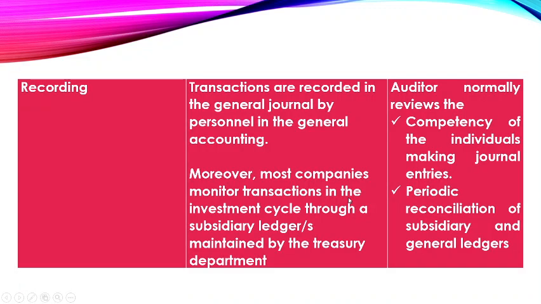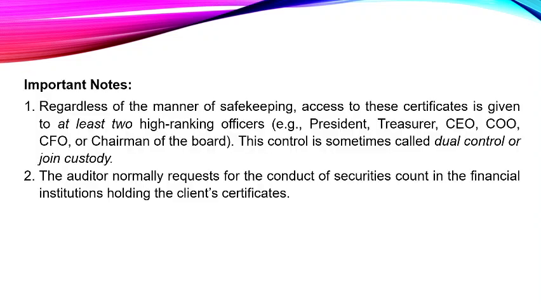Then recording: the transactions are recorded in the general journal by personnel in general accounting. Moreover, most companies monitor transactions in the investment cycle through subsidiary ledgers maintained by the Treasury Department. The auditor normally reviews the competency of the individuals making journal entries and periodic reconciliation of the subsidiary and general ledger.